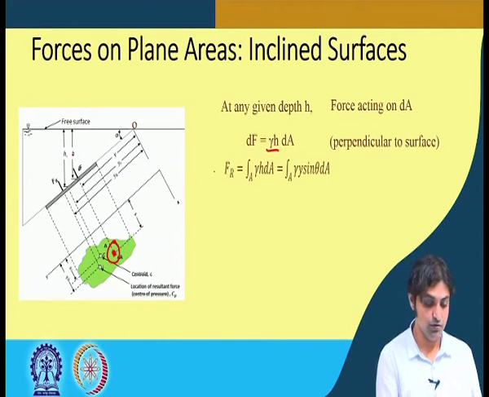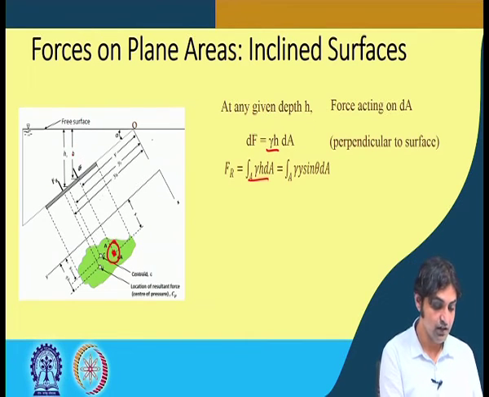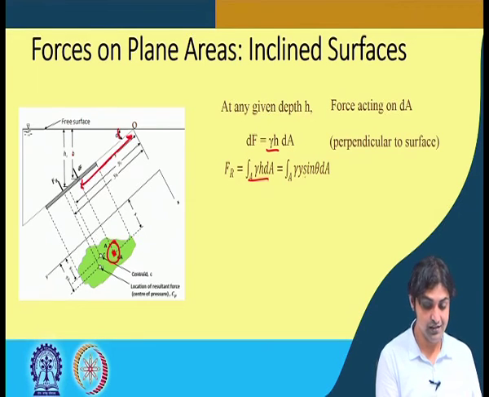To find out the resultant force, what should we do? We do gamma h dA integrated over the entire area, right? If we write h in terms of y, this can be related to theta as h is y sin theta, and gamma is gamma and dA is dA.